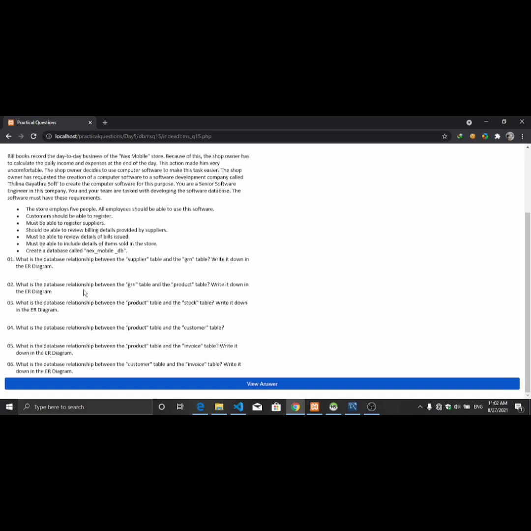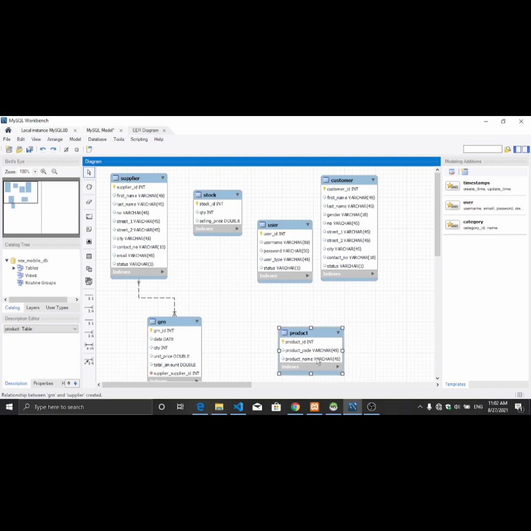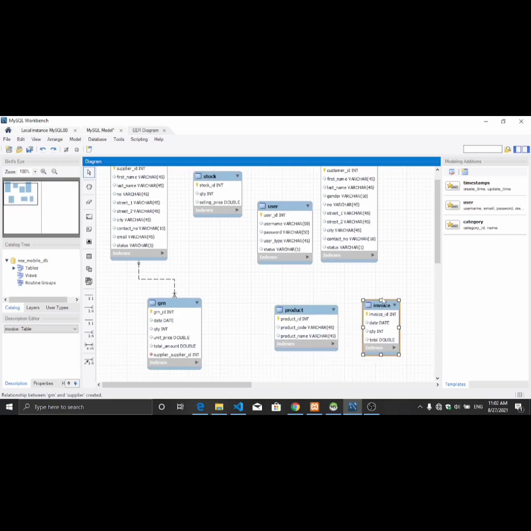What is the database relationship between the GRN table and the product table? Write it down in the ER diagram. So let's see the relationship between the GRN and product tables. Here, one product can have many goods, but one good can have one product.